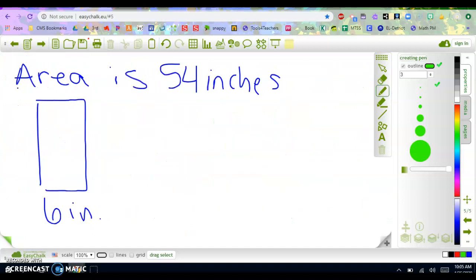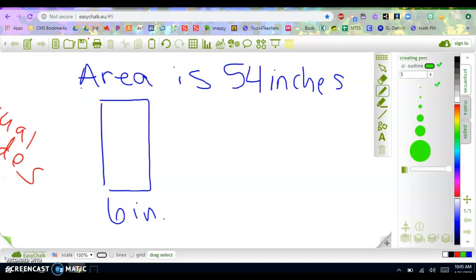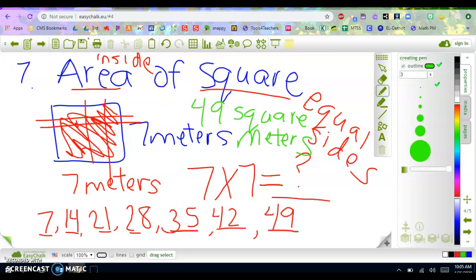All right, the last question we are going to go over is area again, but this one is the area they give me. They tell me that the area is 54 inches. So if I think back to my problem here, we talked about area being the inside. I used a multiplication equation.